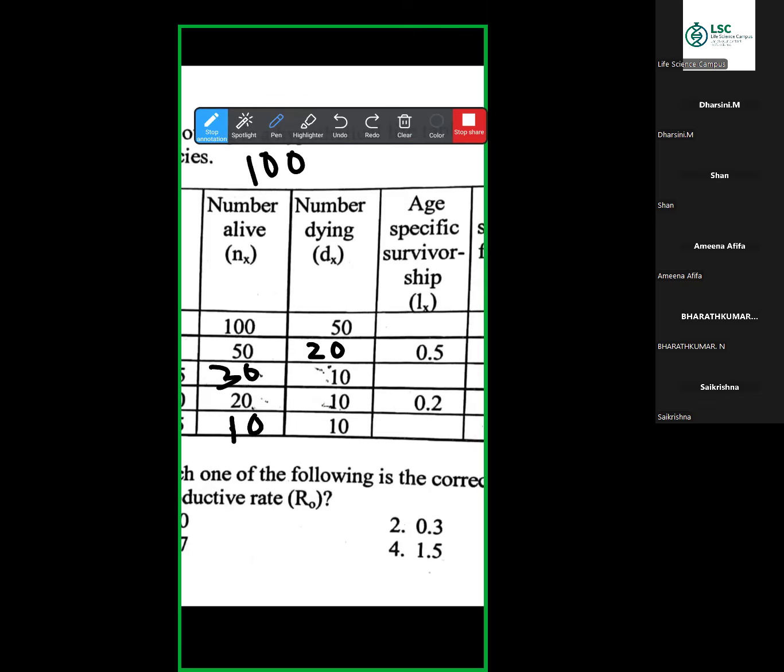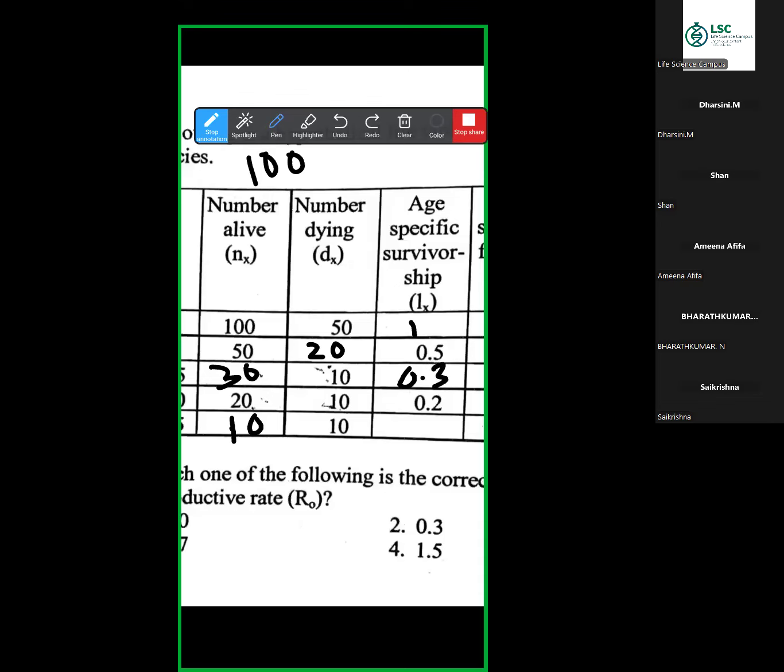For the first age class, lx is 100 by 100, that is 1. For the second age class, lx is 50 by 100, that is 0.5. For the third age class, lx is 30 by 100, that is 0.3.